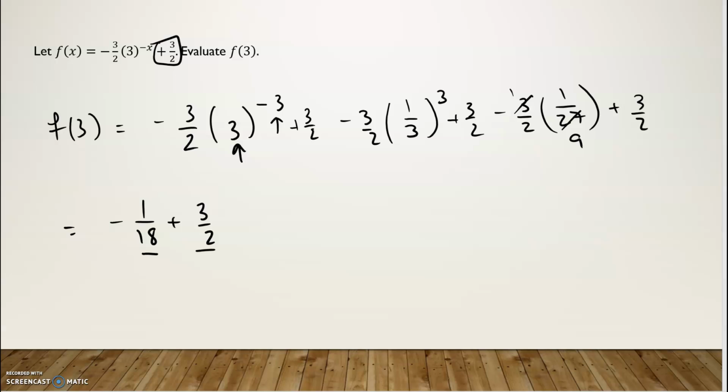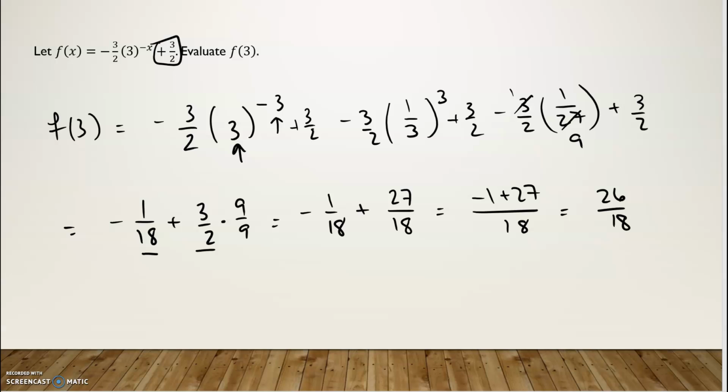I've got to get the denominators the same, so I'll multiply this by 9 over 9. That's a form of 1, so I'm not changing anything. So that will be 27 over 18. So negative 1 plus 27 over 18, so that's 26 over 18. Then we can take a 2 out of both of those, so that would be 13 over 9, and that should be my final answer there.